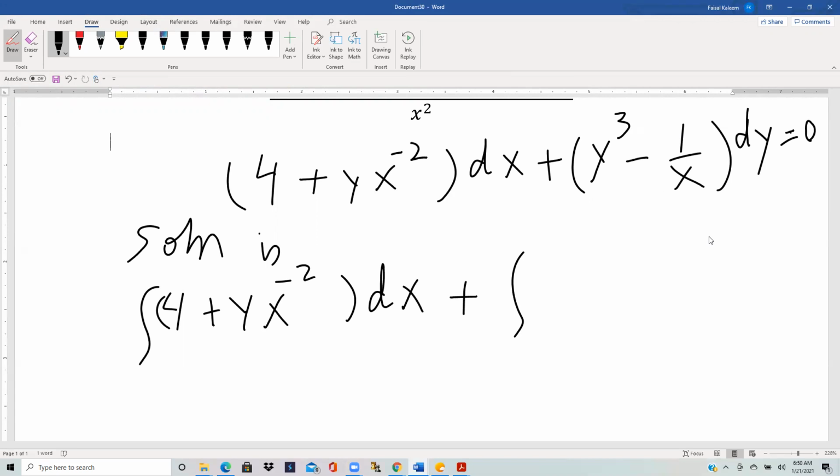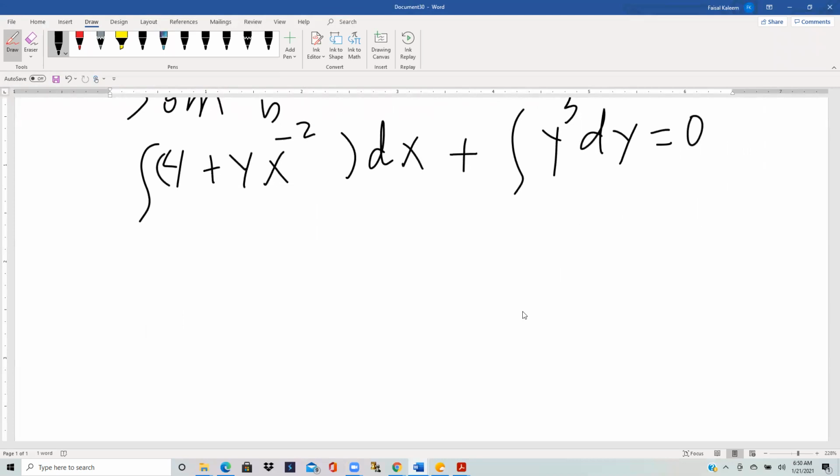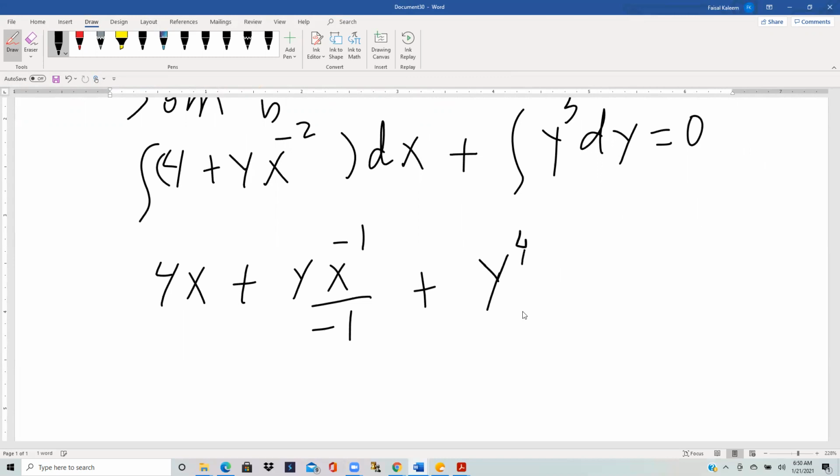So you ignore this term and you just do y cubed dy. So now the integral here is 4x plus y x to the -1 over -1, plus the integral of y cubed, which is y to the 4 over 4.